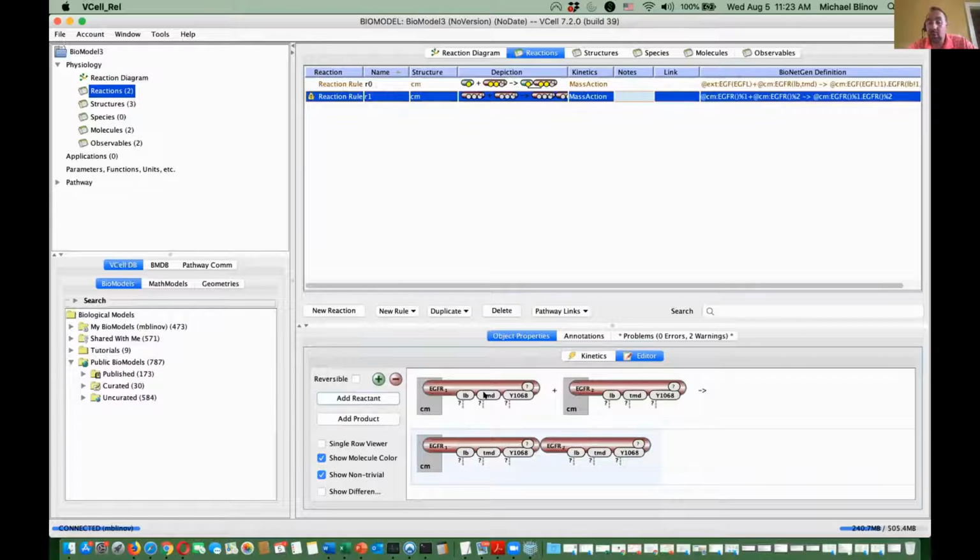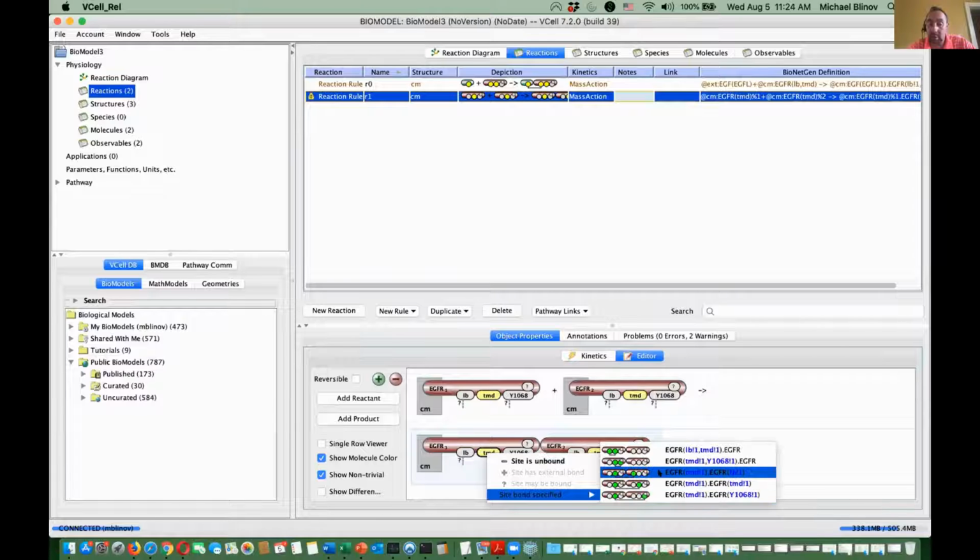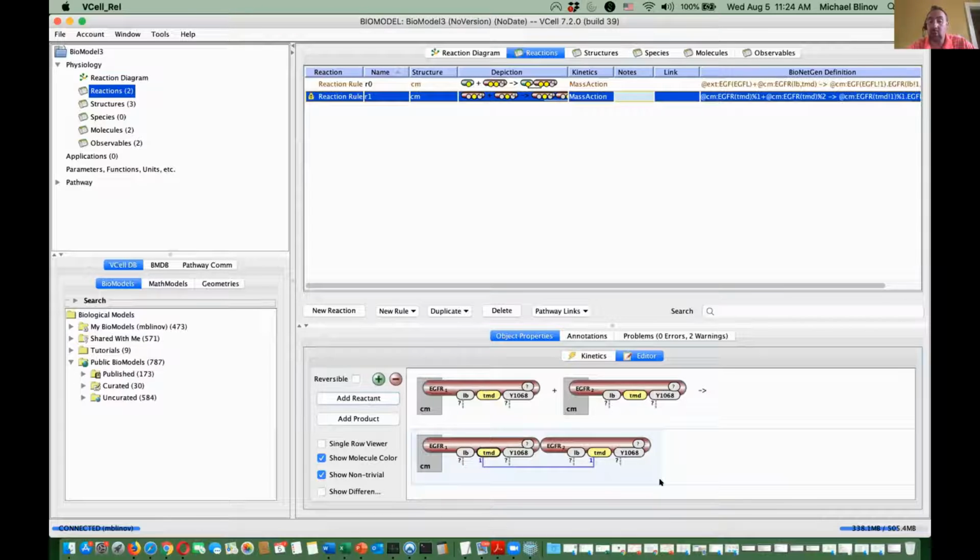And so dimerization is when these two receptors become part of the same complex. How? These transmembrane domains were unbound, and now they become bound. And now you again have to think what is necessary for this interaction to take place. If you think that it's just spontaneous, you can leave it this way and maybe put a pretty low rate. But I'm not talking yet about rates.